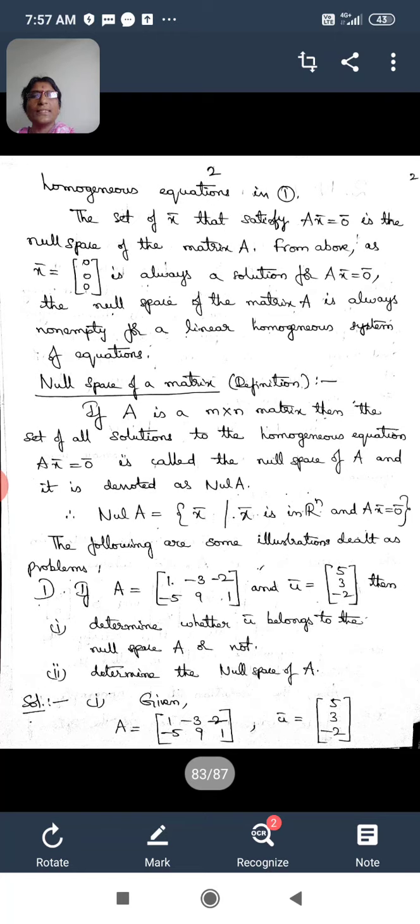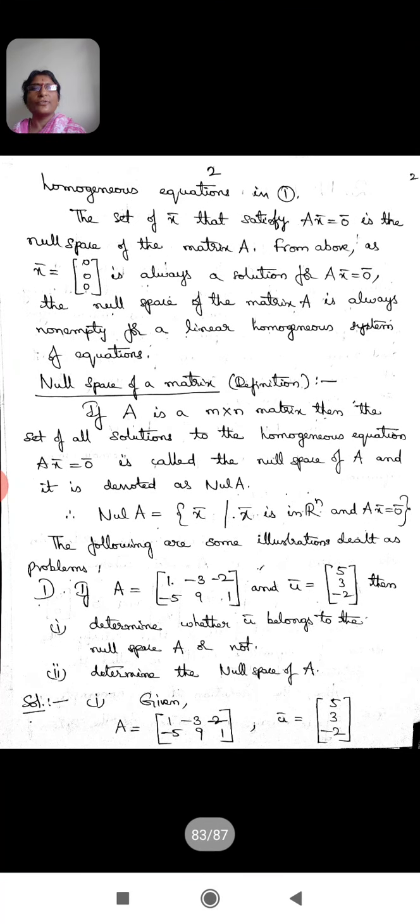So null A is the set consisting of all the solutions of Ax bar is equal to 0 bar such that x bar is in Rn. x bar is any column vector from the set Rn: R2, R3, R4, R in general Rn. So x bar is an element from among any of these sets. This is the final definition of the null space of a matrix.